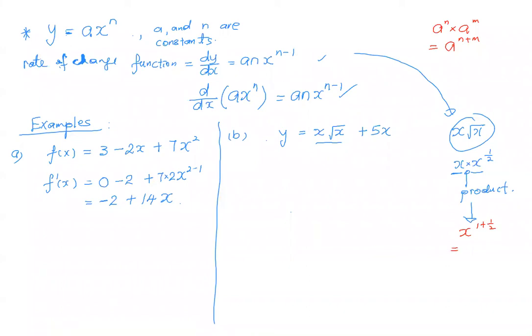You must know that in your SAT 1, you cannot use calculator. You better memorize. 1 plus half is 3/2. So as long as there is a product and you can use indices to simplify it, you better do that. Power term only involves a single power term. So you have to simplify this to become x to the power 3/2, then plus 5x.